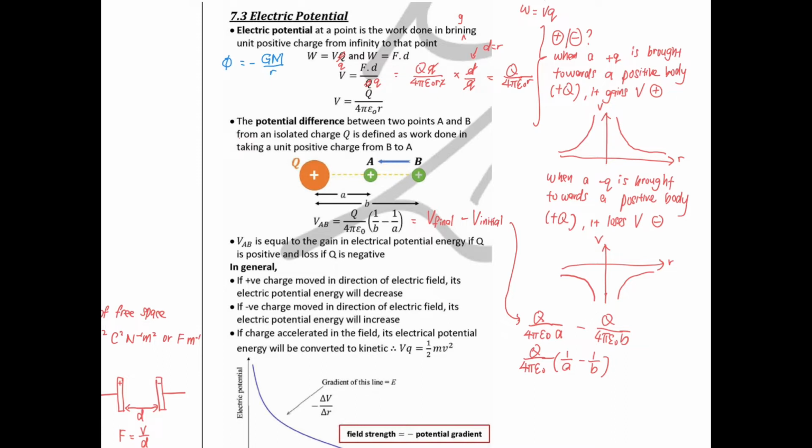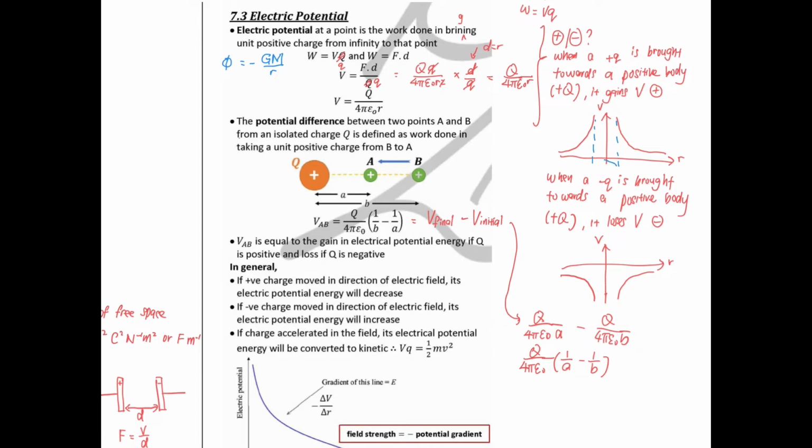We have a positive charge moving towards another positive charge, so of course we will take this graph. The capital Q is staying in the middle.